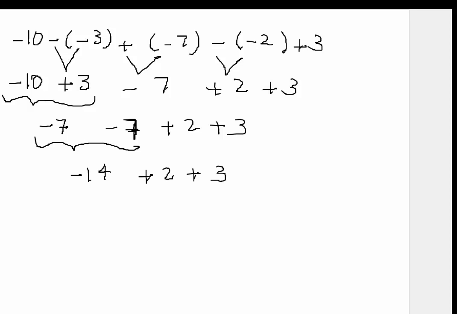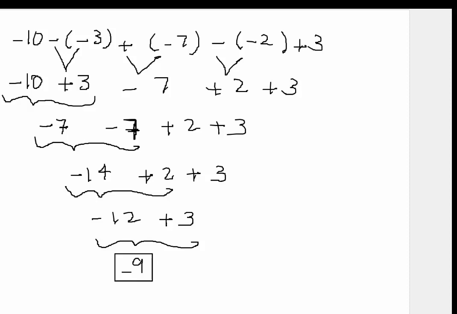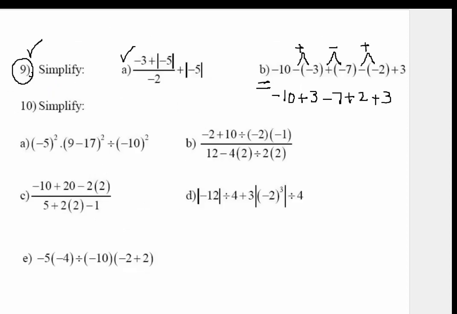Then you have -14 plus 2 would be -12. And then I have -12 plus 3 would be -9. Okay, that's another way to look at this. Okay? All right.